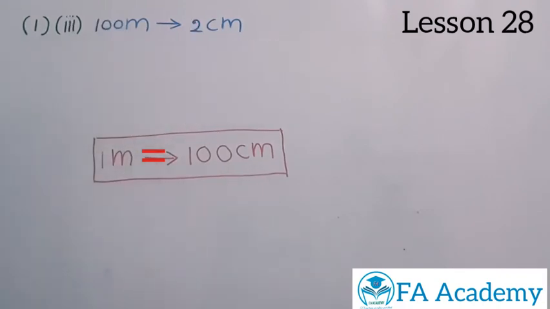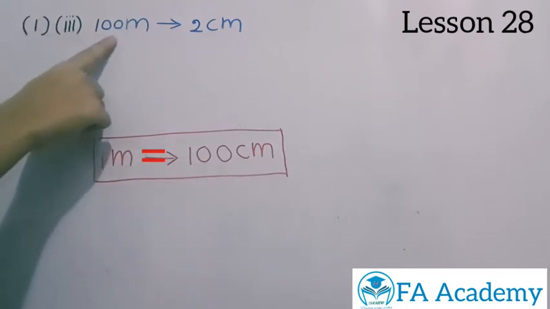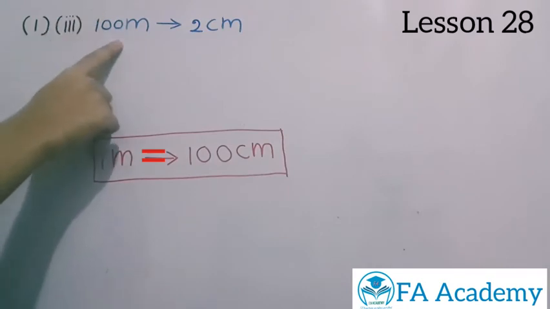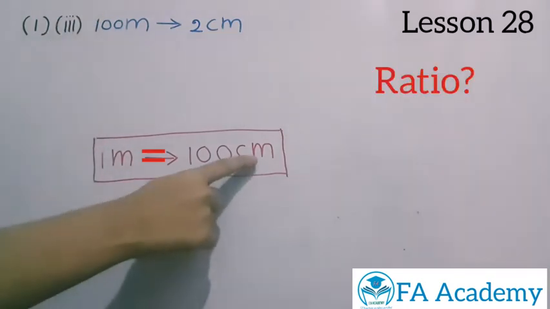So I have taken here Roman number 3 in question number 1. So this one is very easy. So I have taught you with the techniques I told you. It's very easy to find the ratio. So what you have to do, 1 meter gives 100 centimeters. So here they have given 100 meters. So what you have to do, convert it to the same unit.